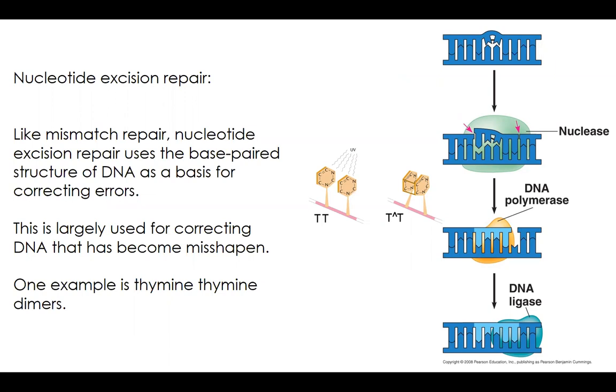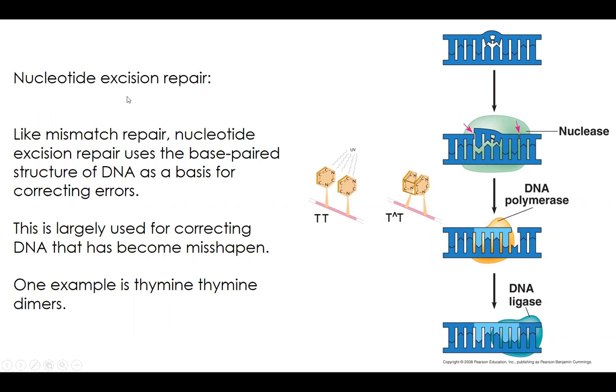So thymine dimers are just one of the types of damage that our nucleotide excision repair can come back in and fix. People who don't have functional or good nucleotide excision repair often can end up with a lot of instances of skin cancer just from normal sun exposure. So it's very important that we have this.